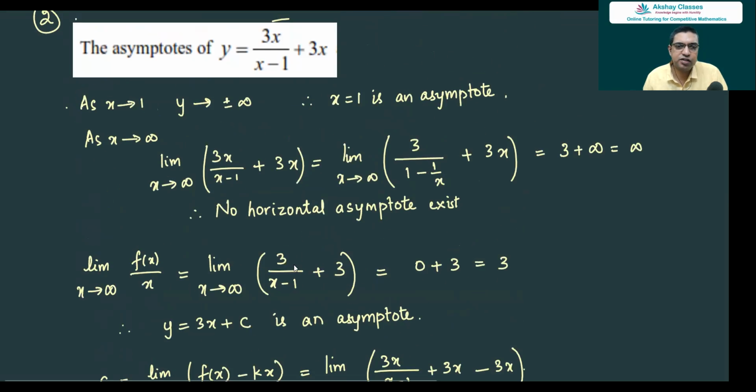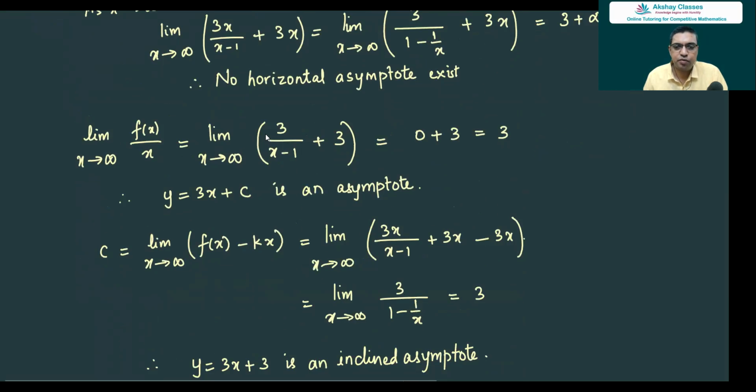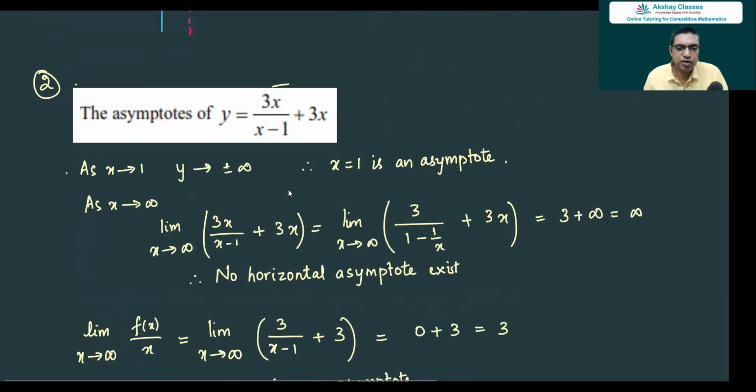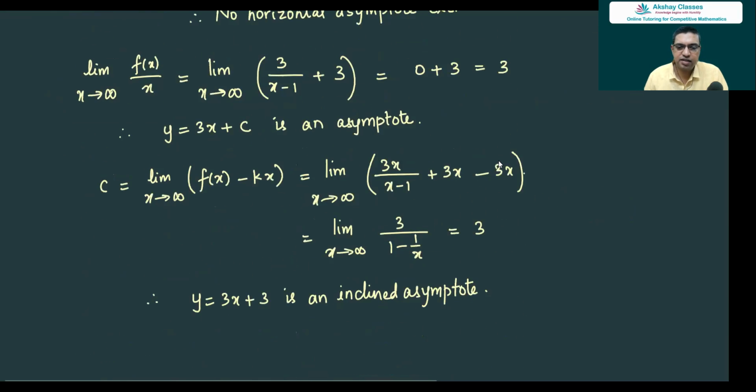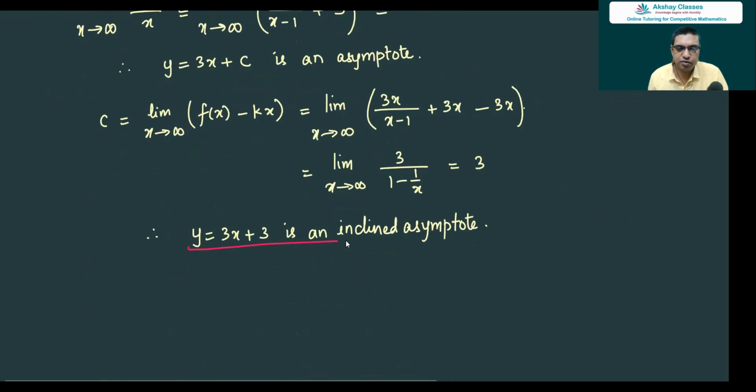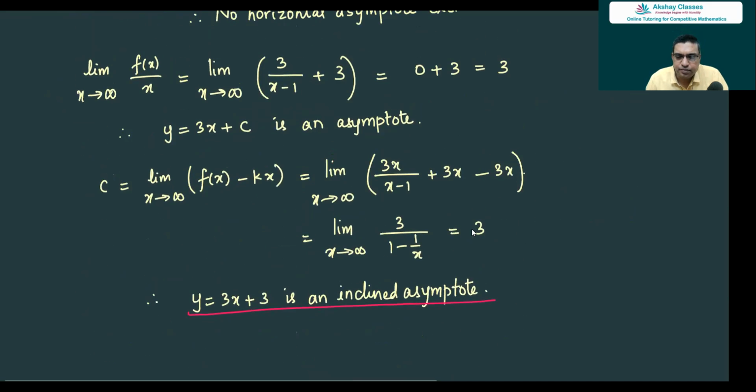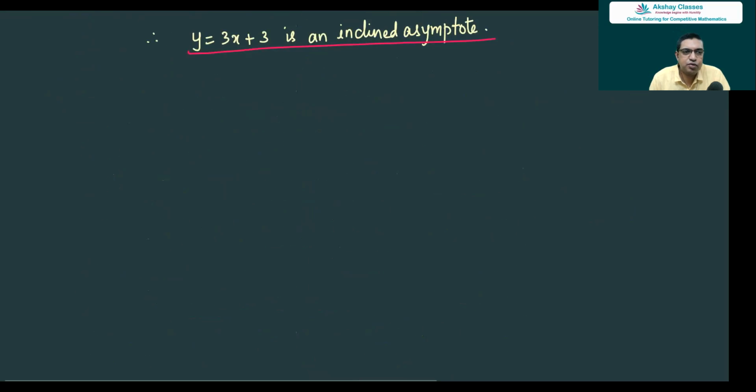Again, what is the degree of this curve? 2. So only 2 asymptotes. So we have got x equal to 1 as one asymptote. This is the first asymptote. And this one is the second asymptote. So now let us plot how the curve looks like.